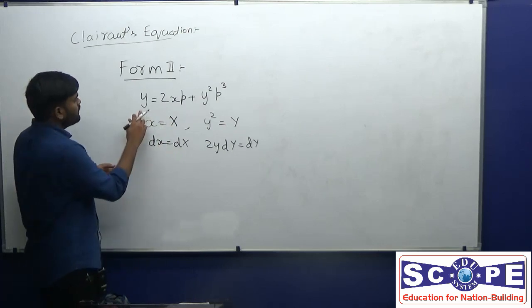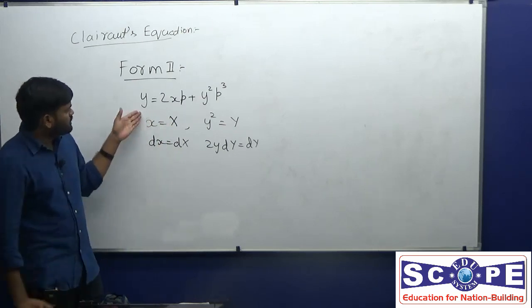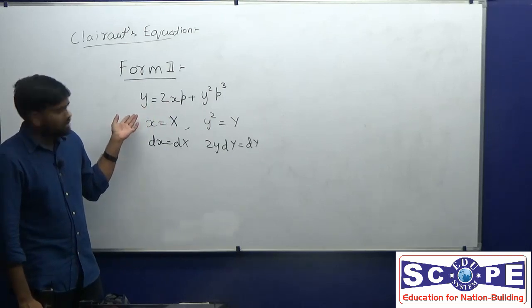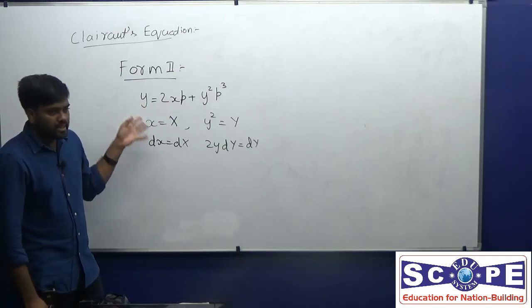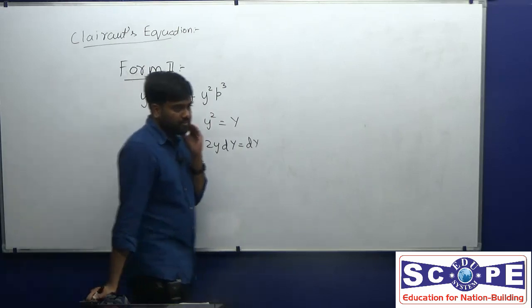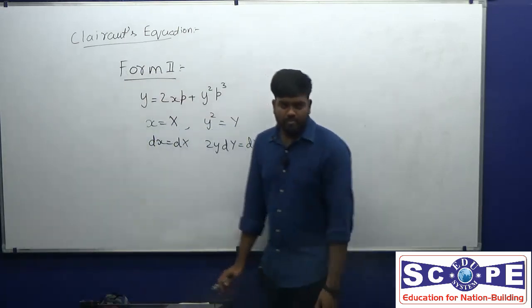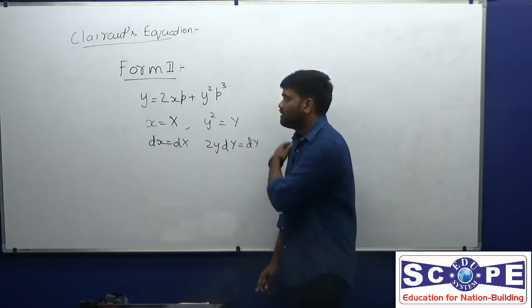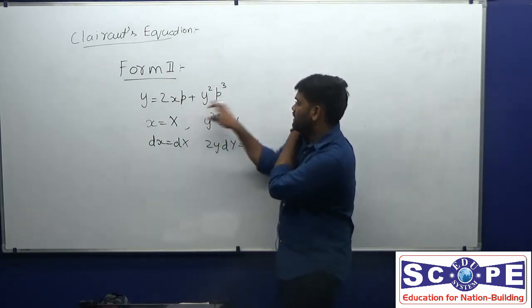Another one is simple only, no? Because I think you can solve this by using solvable for y also. What is the general equation for solvable for y? Y should be separate.